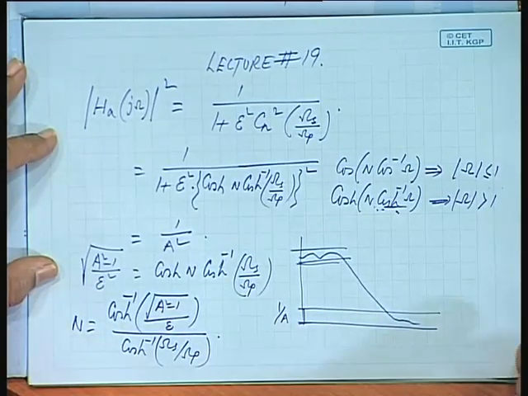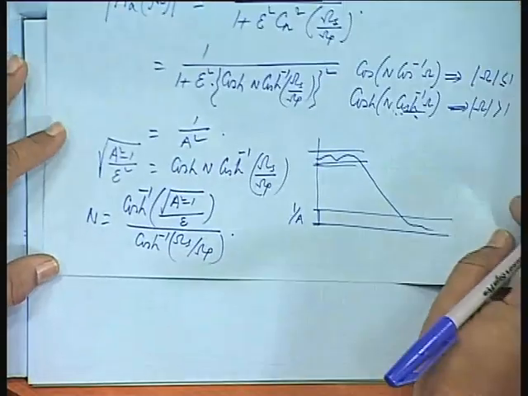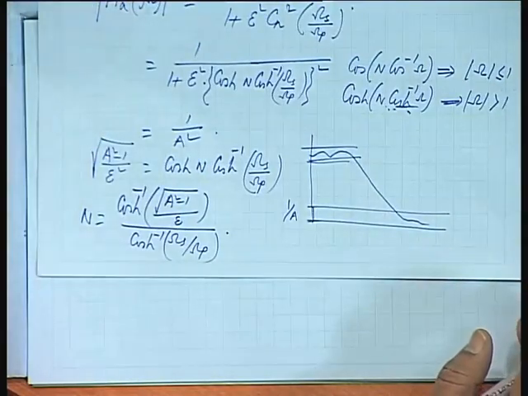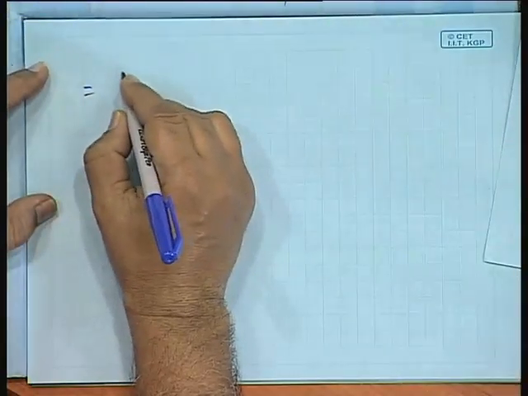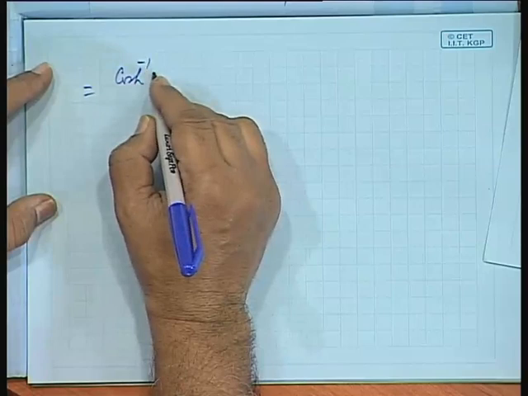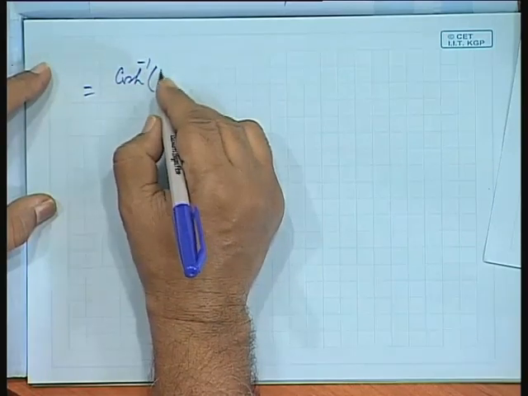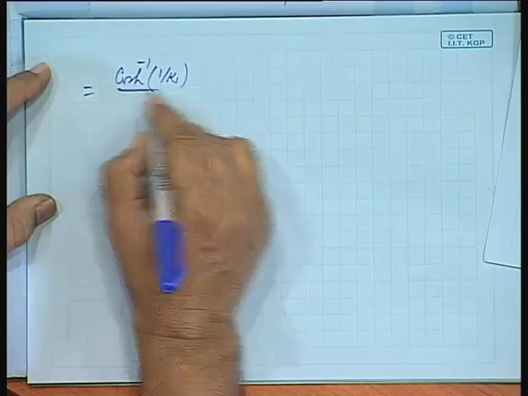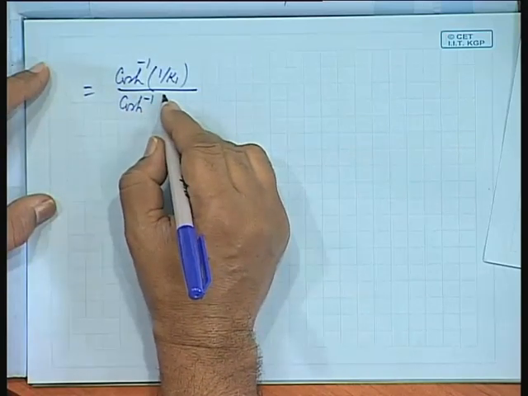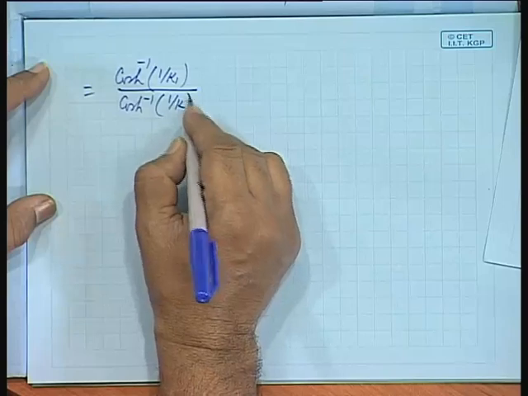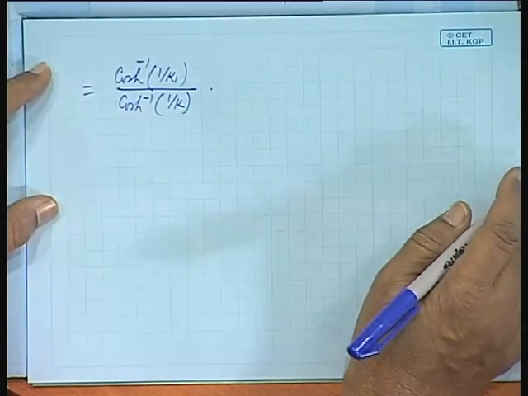So, this is how you determine the value of n, which is equal to cos inverse 1 by k1. We defined the two quantities k1 and k. So, it comes like this.